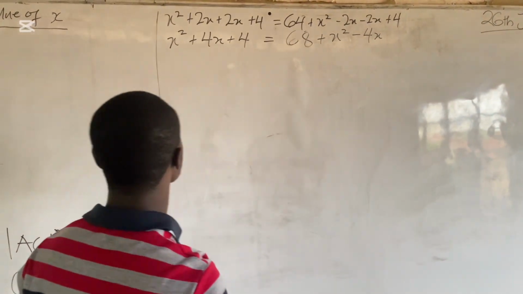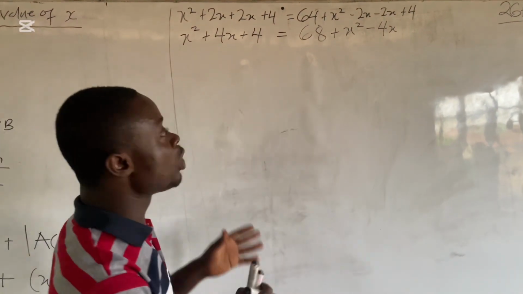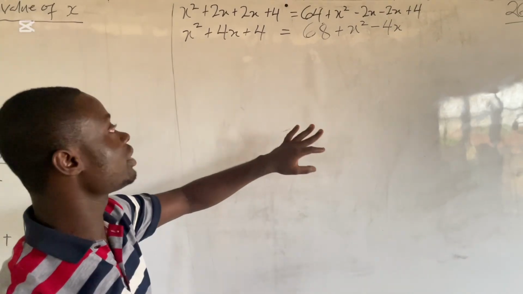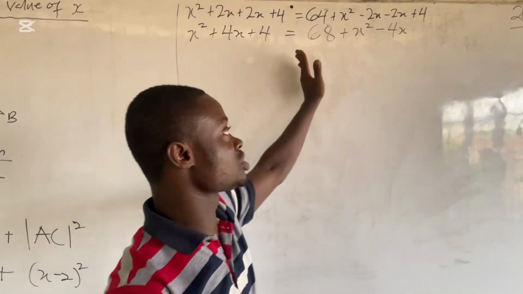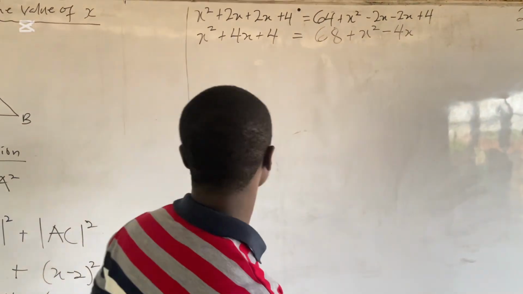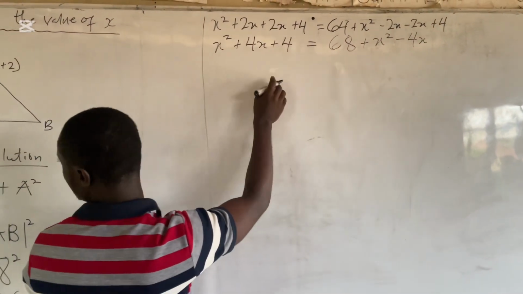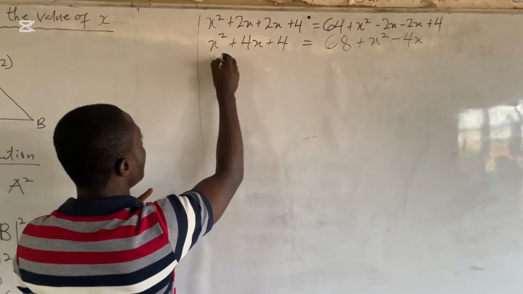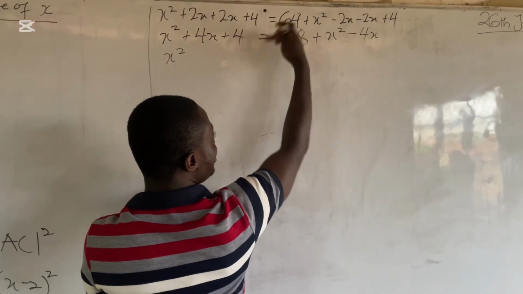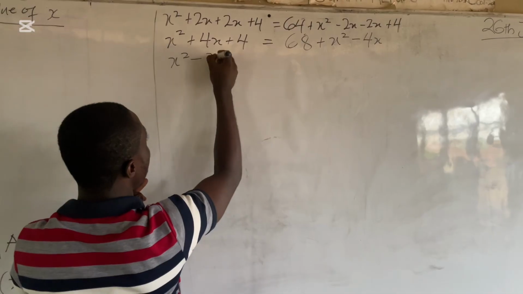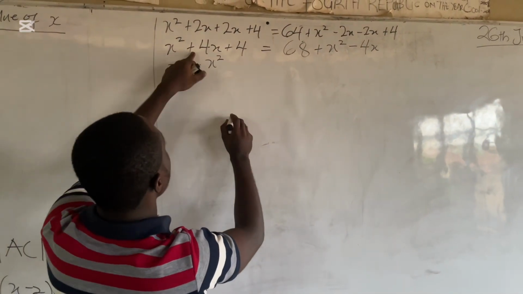Simplifying it again. Okay, so let's group like terms. Let's bring those that contain the x variable on this side and then the numbers also on this side. Okay, so the x variables coming this side give us x squared here and then plus x squared here. So when you cross the sign, it gives us minus x squared and then plus 4x here.